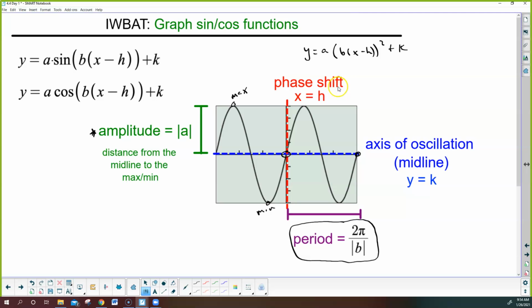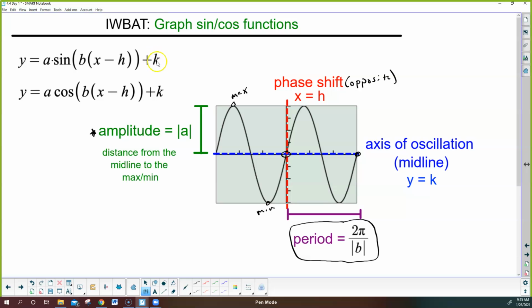Now we do know that the H value shifts things left or right. But the shift is always opposite of what you think. Remember, if I had x plus 3 here, this is a shift to the left 3 units because we would really think of the plus 3 as a minus and negative 3. So we're shifting to the left 3 units. So just be careful on that H value.